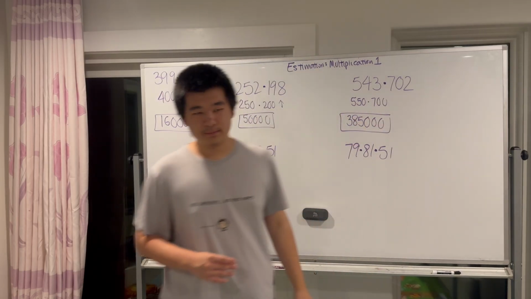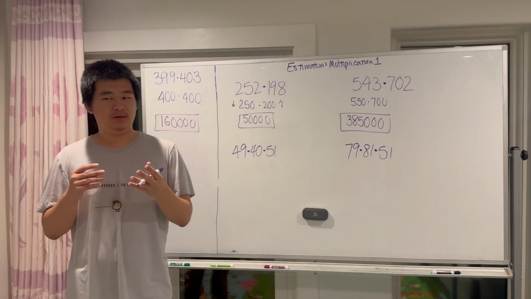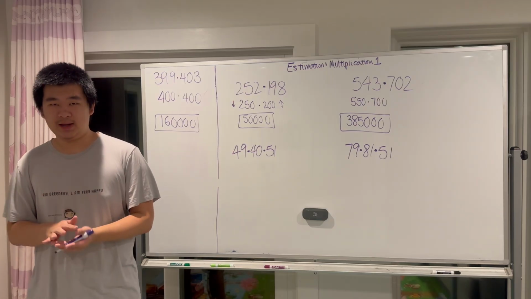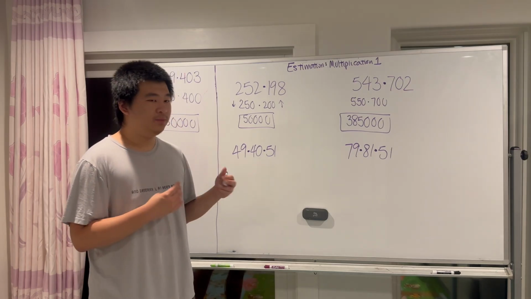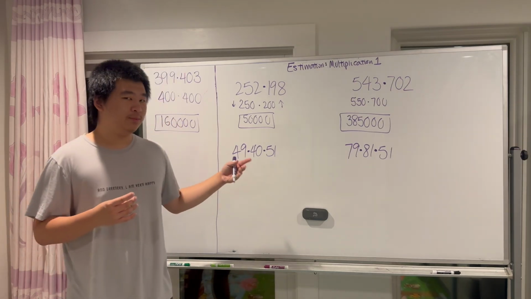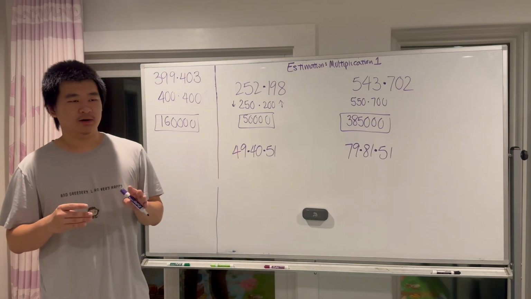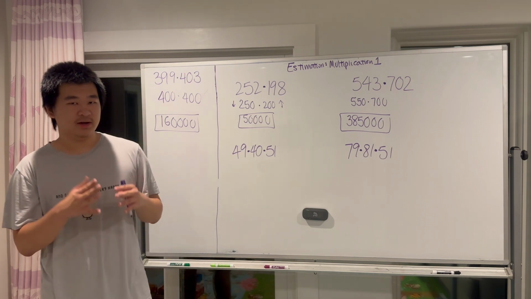Not so bad. Our third question, once again, we are going to be rounding, and this time, again, we're going to be rounding one number up and one number down in order to mitigate our error. For example, 49 and 51. We see 40 is already a pretty nice number, and there's not really anything it can round to safely, so we're just going to leave it alone. But 49 and 51, those are tantalizingly close to 50.